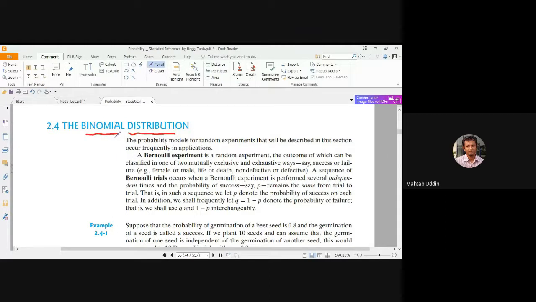Though in an event there are so many outcomes, you have to classify them. Some of them are in your favor, and some of them are not in your favor. So they are classified in two types.